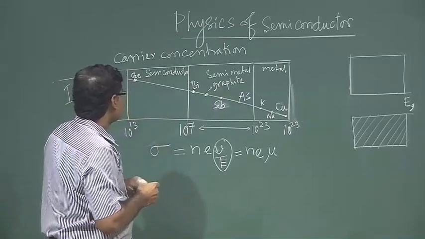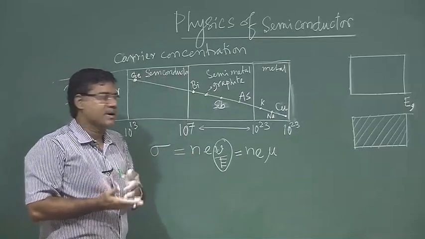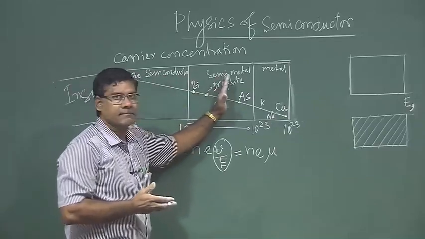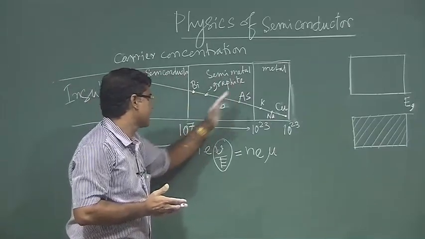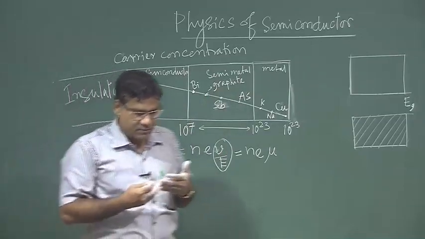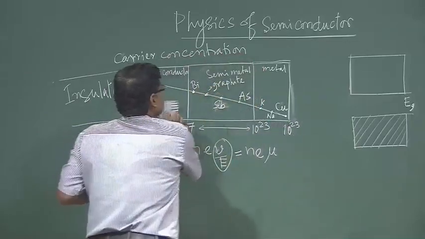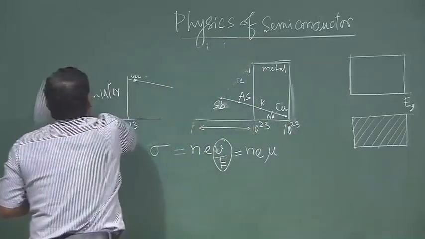Also, for the semiconductor, when you increase the temperature, it shifts towards this. Okay. If it shifts towards this, its concentration will increase. Its concentration of carrier will be higher at higher temperature. So, this way one can tell.